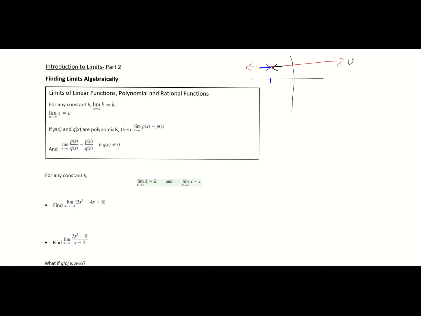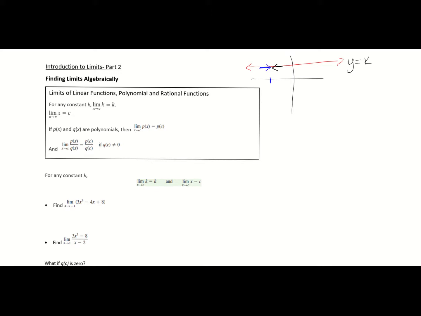If this is y equals k. So no matter which x you are approaching, from the left and from the right, the y is still going to be k. So if you have a constant k, the limit to any x is k.